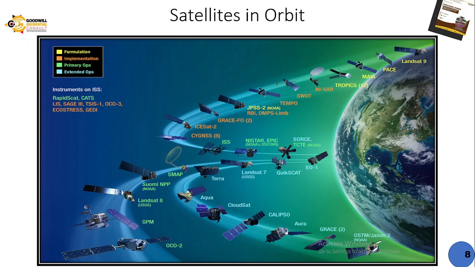The orange coloration here indicates satellites that are being implemented, currently being used to capture images. The green is for satellites in primary operation. So we can see Landsat 8 is in primary operation. It's operating at its primary level.